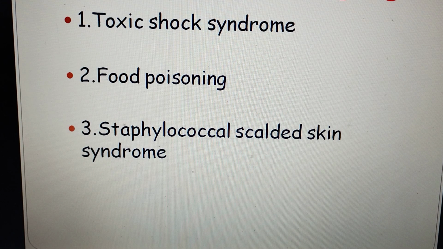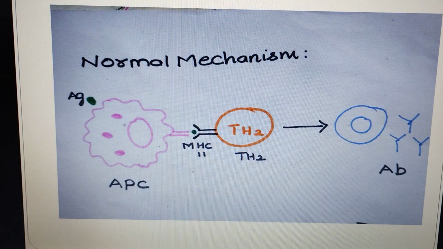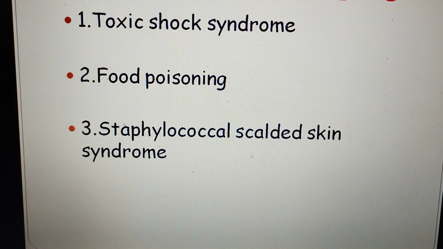So what are the diseases associated with superantigens? As I told already, toxic shock syndrome toxin is responsible for toxic shock syndrome, enterotoxin is responsible for food poisoning, and exfoliative toxin A and B is responsible for staphylococcal scalded skin syndrome.